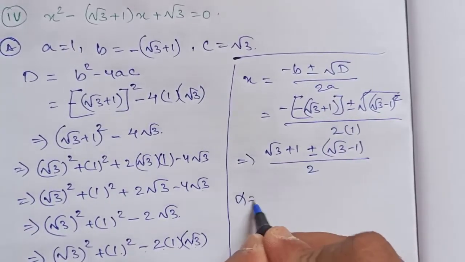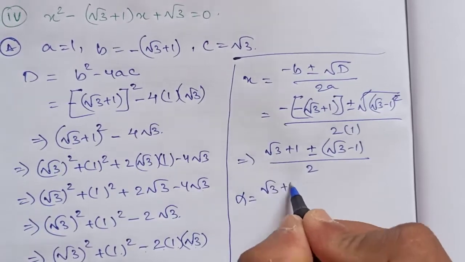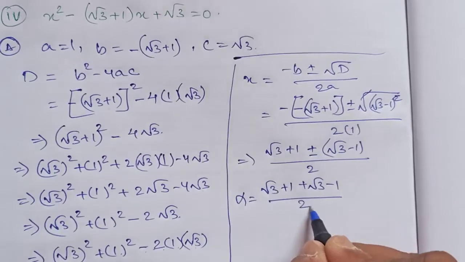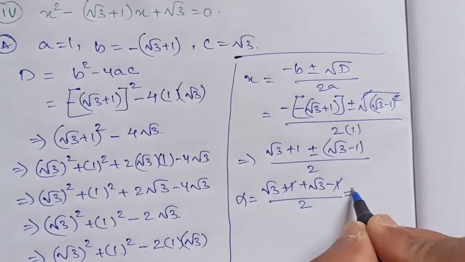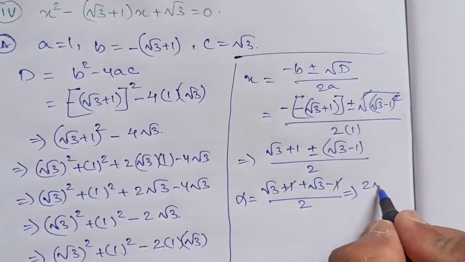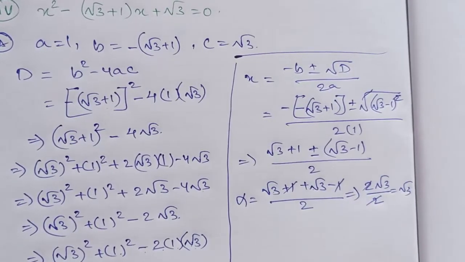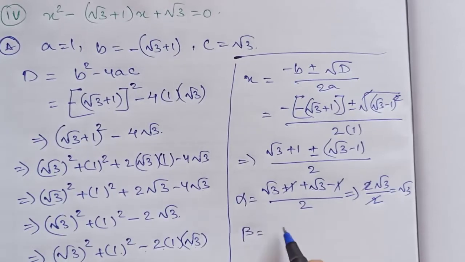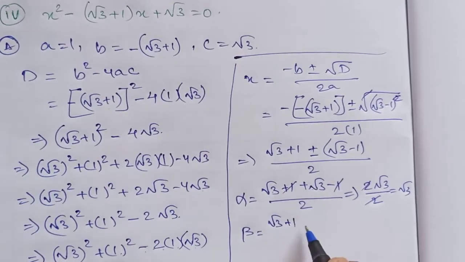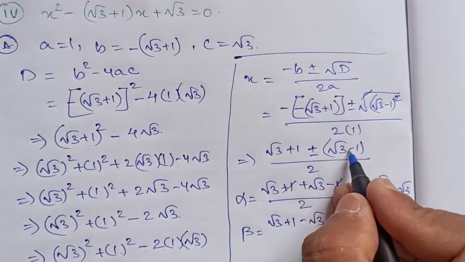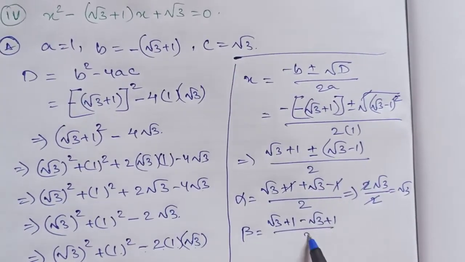Now alpha is (√3 + 1) plus (√3 − 1) by 2. 1 and 1 cancel. How much will you get? √3 plus √3 is 2√3 by 2. 2 cancel. We will get √3. Beta will be (√3 + 1) minus (√3 − 1), so √3 minus √3, and minus minus plus 1, by 2.